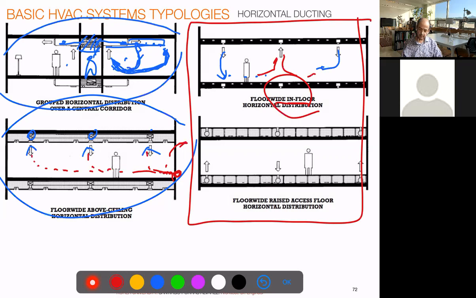And the last one is with a raised floor, right? So access floor or raised floor, in which you have the air coming from the bottom, which is good because if you have offices with individual places, you may have your individual air control. So you may have a much more variation between individuals.